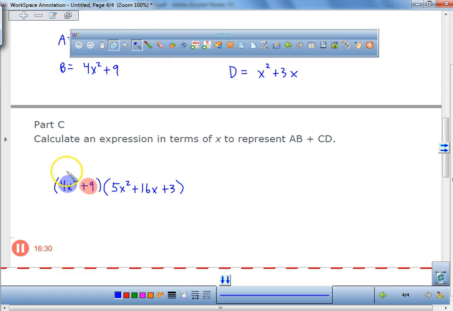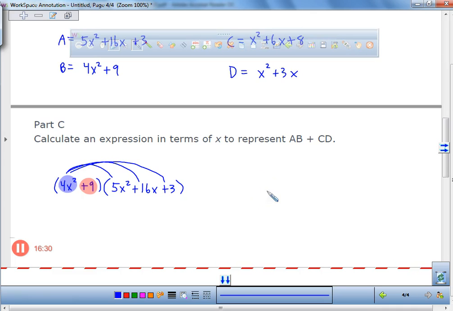You have to take that 4x squared and you have to distribute it to every single term, in blue. So what is 4 times 5? That's a total of 20. And x squared times x squared is x to the power of 4. 4 times 16 is 64.